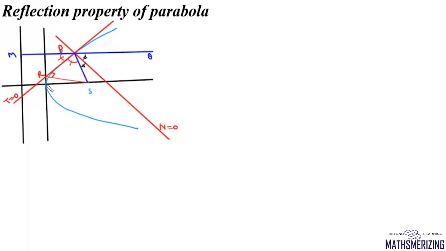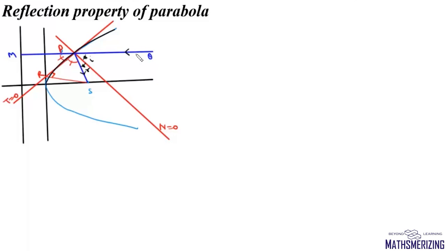Now if we have any parabolic mirror, we know that along the normal this angle is the same. So if there is any ray of light parallel to the axis of the parabola, it will reflect from the surface and pass through the focus of this parabola. We know the law of reflection is that the angle of incidence must be equal to the angle of reflection.